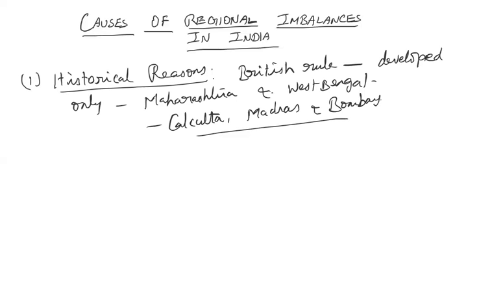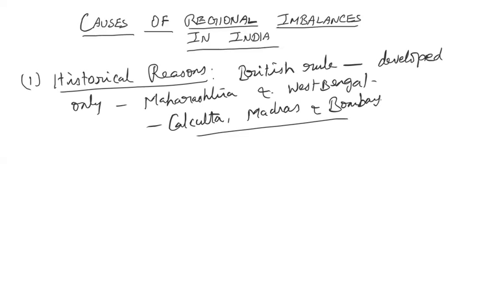The reason is they all have ports. In order to favor the East India Company, they wanted trade, isn't it? Actually, what the Britishers were doing, they were exporting the raw materials from India, and the industrial revolution was happening in Britain during that period of time.